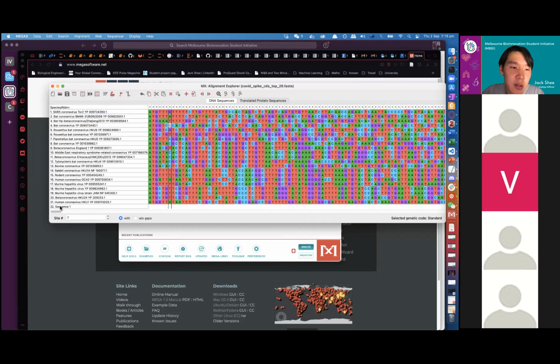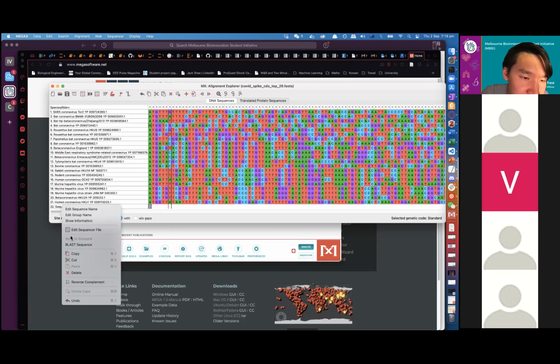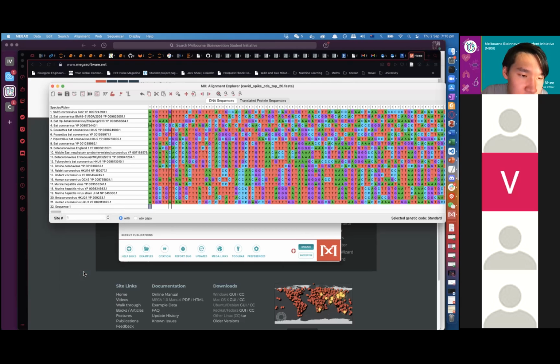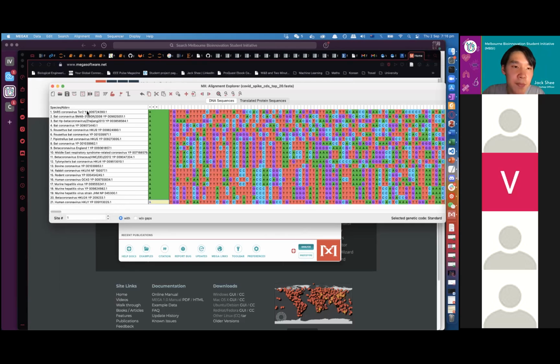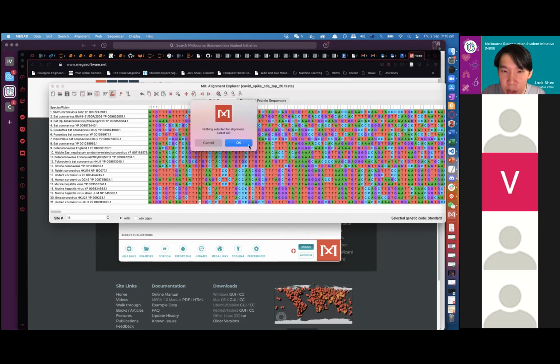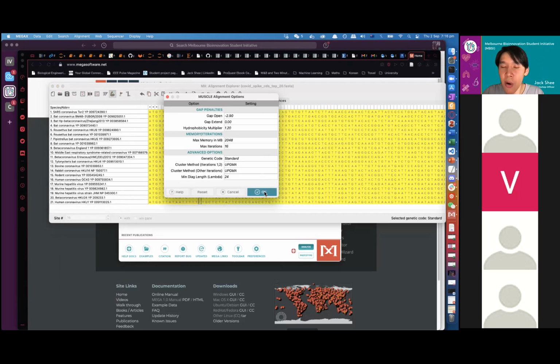Oh, I need to delete this sequence. Sorry, my computer's lagging a lot. So now I'm going to align them all.